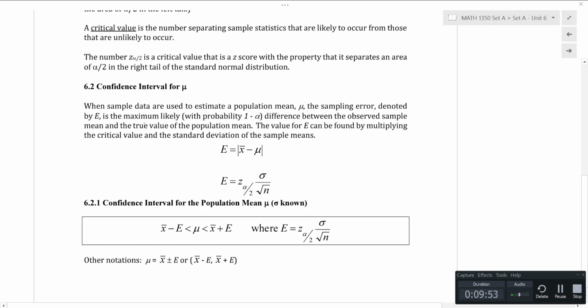Now, we think about having some sample data that's used to estimate the population mean. It's going to be subject to some sampling error. We don't expect the two to be exactly the same. Let's call this error E. That's the letter we typically use.